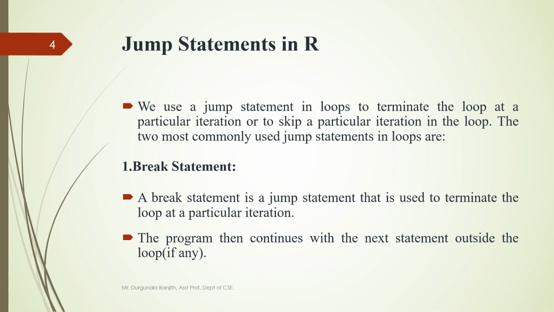Now the next very important topic is the jump statements in our program. Normally these jump statements are used to terminate the loop even if the condition is true. Otherwise they skip a particular iteration and continue with the next iteration. There are two jump statements available in R programming. One is the break statement, which will terminate the loop even if the condition is true.